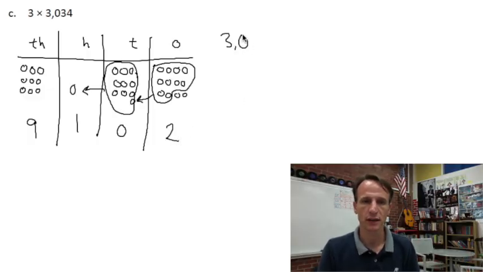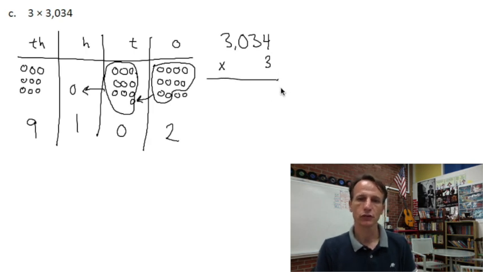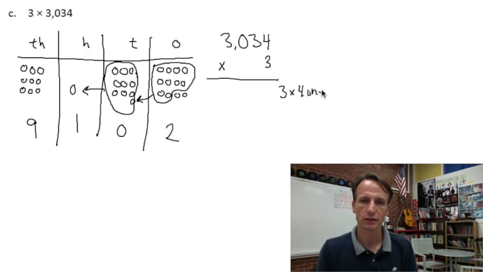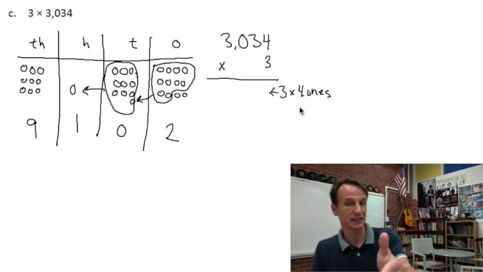So 3,034, which we are multiplying by 3. So first we're going to do 3 times 4 ones. And then we put the little arrow so I don't get confused and think that that 3 is part of my partial product.